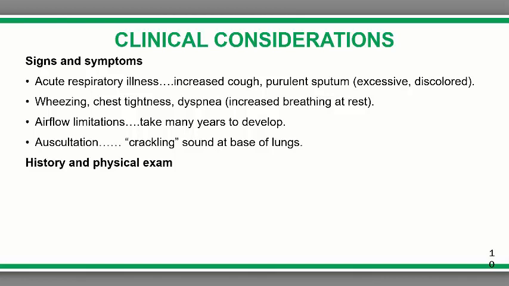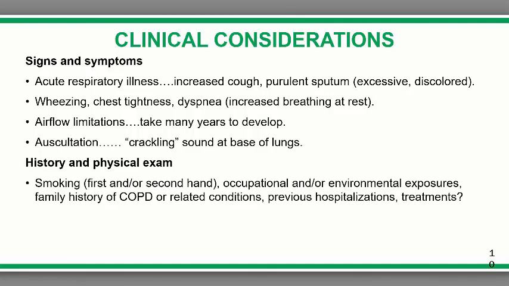In terms of the history and the physical exam, the patient history becomes very important because it identifies very unique clues related to the person's condition and their previous exposures. And so, as indicated in previous videos, smoking is considered to be the primary causative agent, whether it's first or secondhand smoke, and a history of exposure to that smoke.